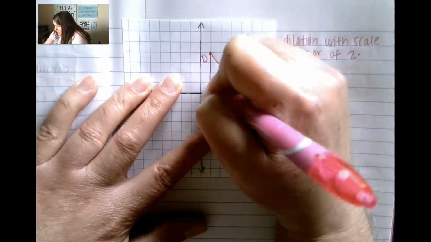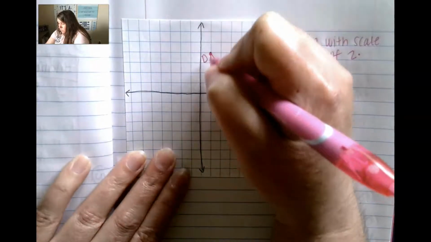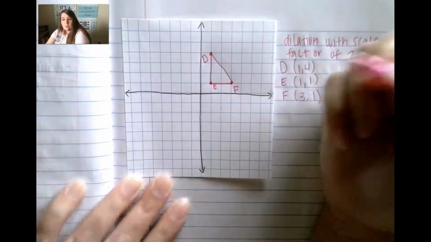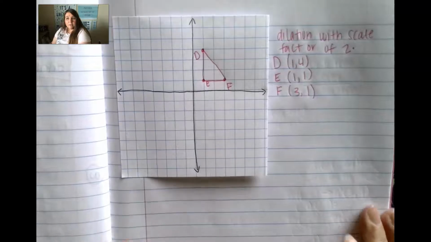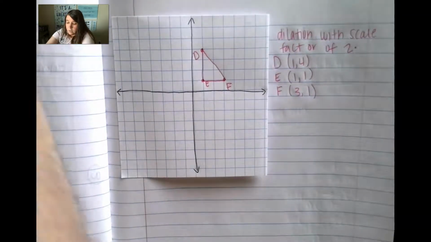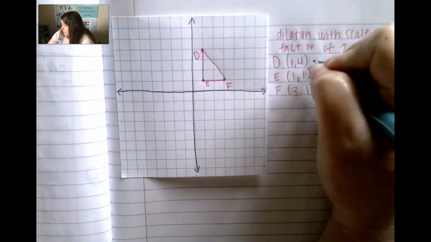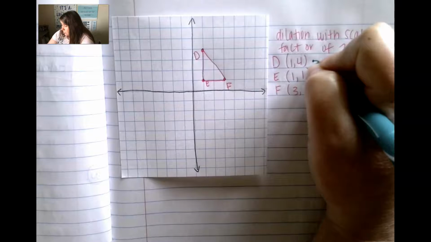You can see that it is a right triangle. The points line up and come straight from the origin. We use the origin. Now we have to dilate this by a scale factor of 2. So we're going to take each of these points and multiply them by 2.